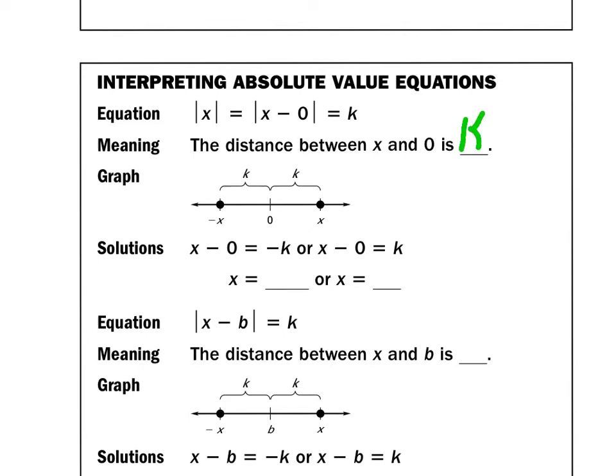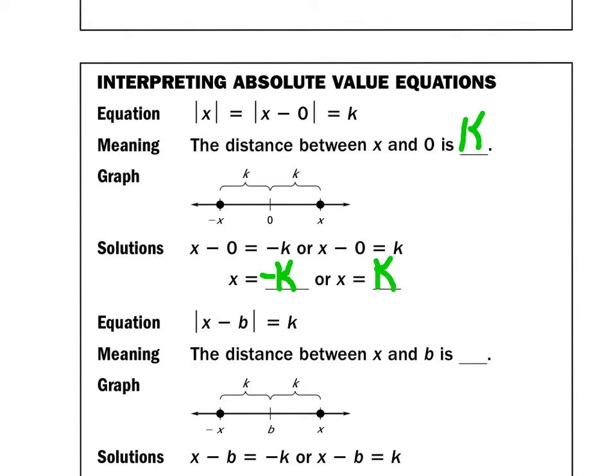Here's a picture of it. Solutions are x minus 0 equals negative k, or x minus 0 equals positive k. So x is either negative k or positive k.